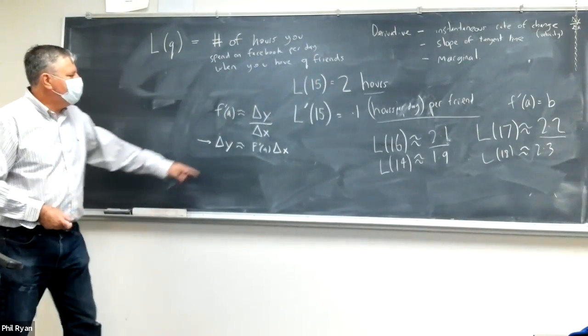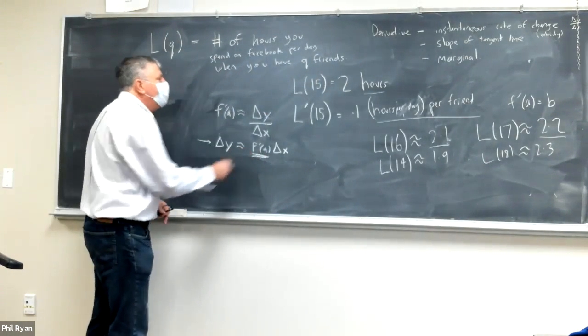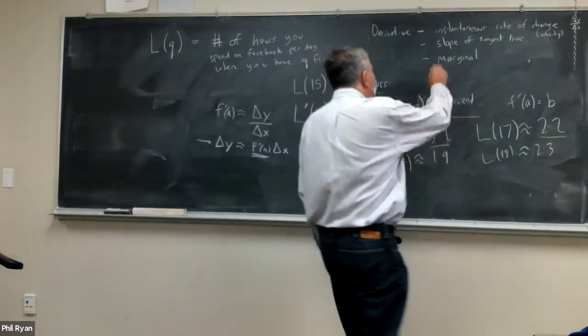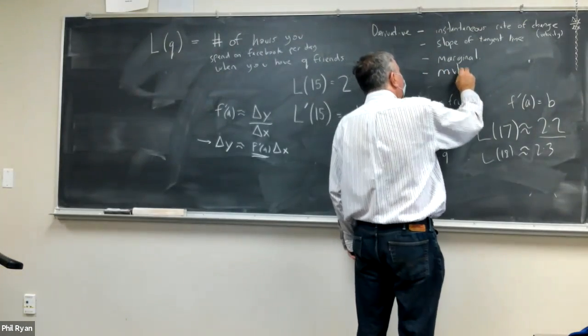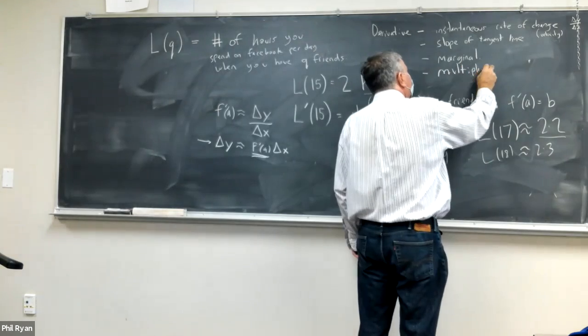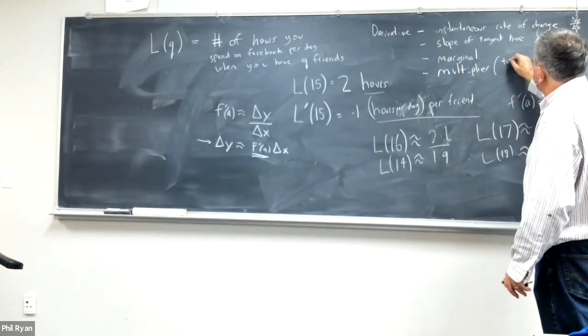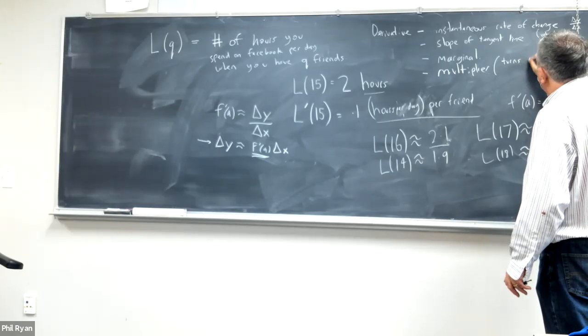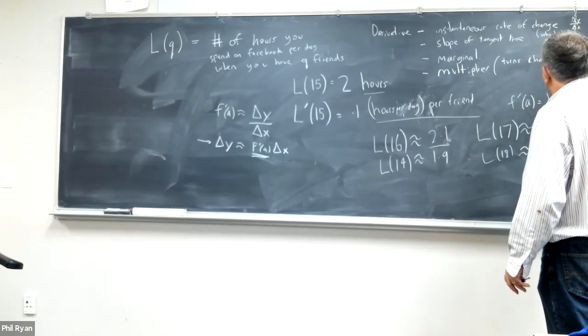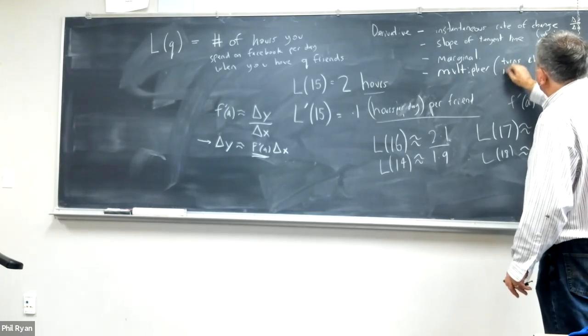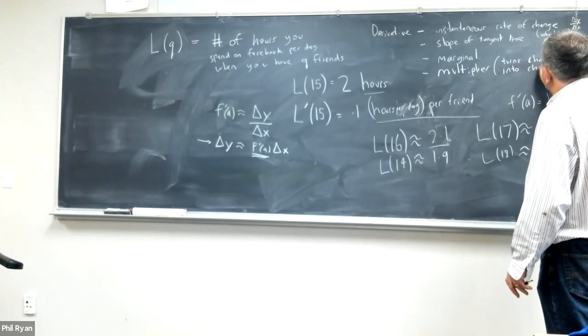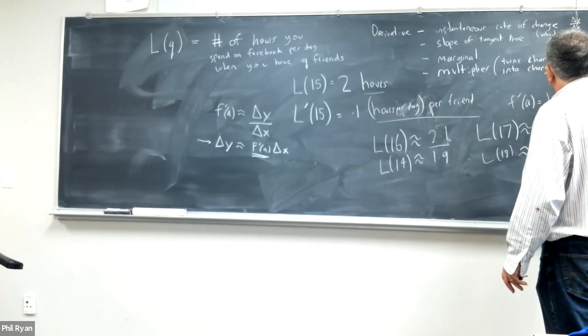So we can see another interpretation of the derivative is that it's a multiplier. And by a multiplier, I mean it turns change in x into change in y.